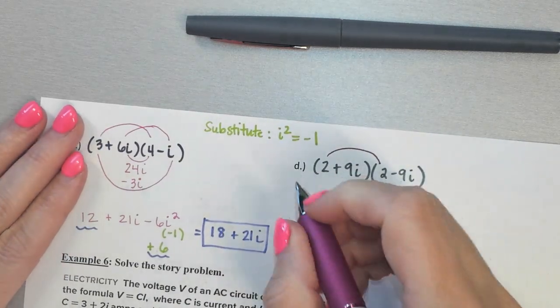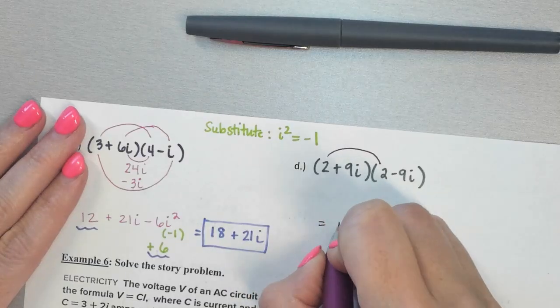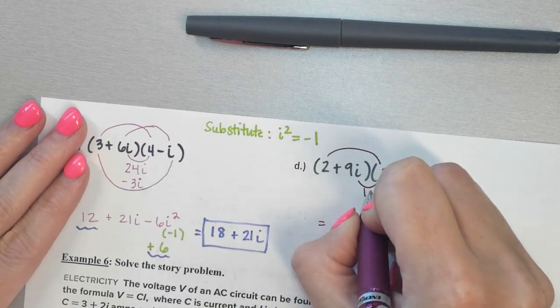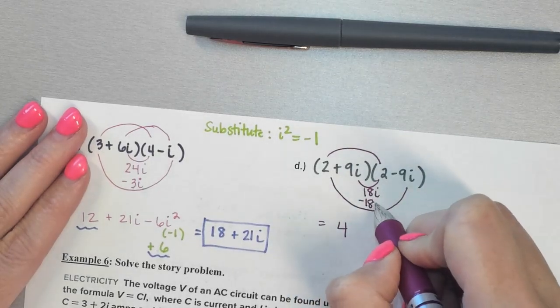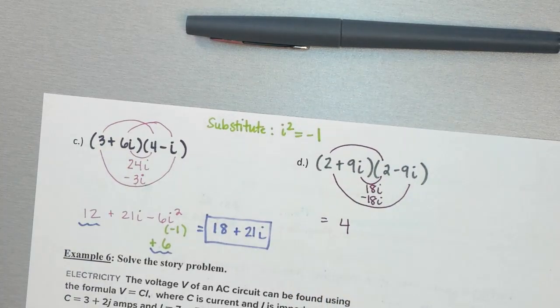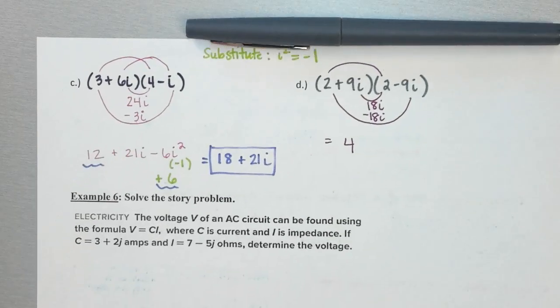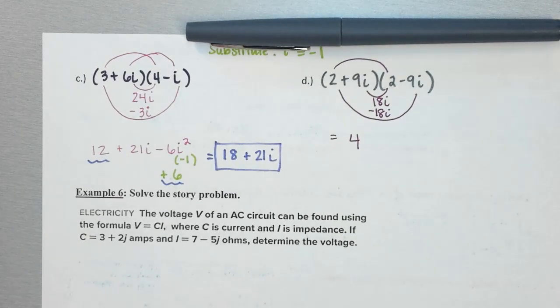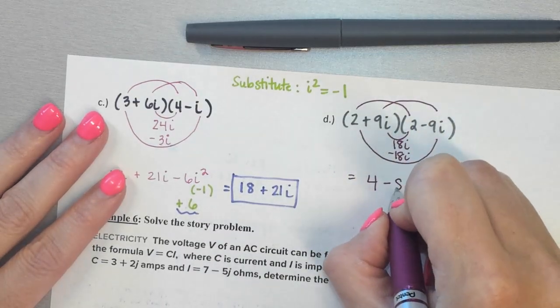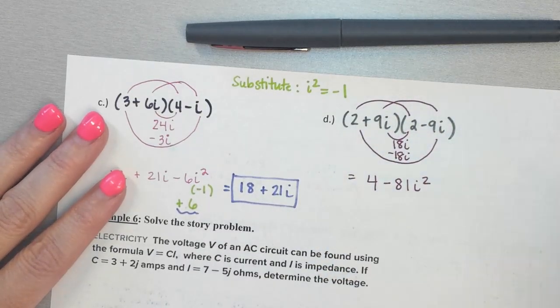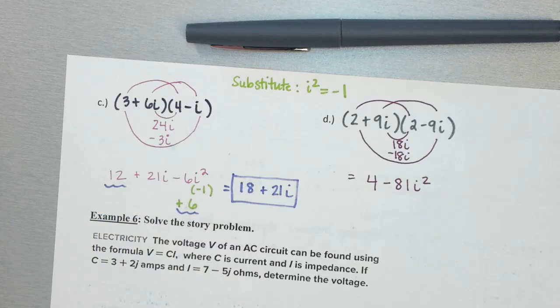Okay, so 2 times 2, we should have got 4. And then here we had 18i. On the outside, we had negative 18i. So those canceled out, right? 18i minus 18i is 0. Okay, and then 9i times negative 9i is negative 81i squared. Okay, how did we do getting here? 4 minus 81i squared.